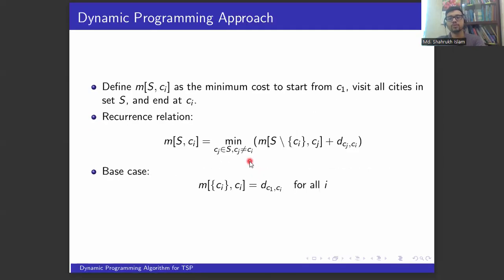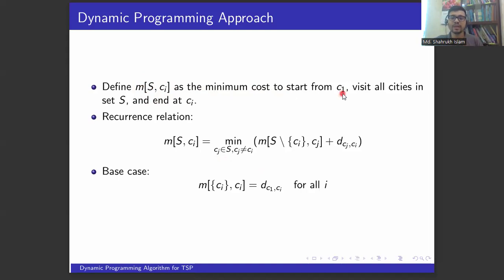To solve it, we have to define our base case and recurrence relation. We are defining a term M(S, Ci). S is a set, Ci is the ith city. M(S, Ci) means the minimum cost that starts from C1.